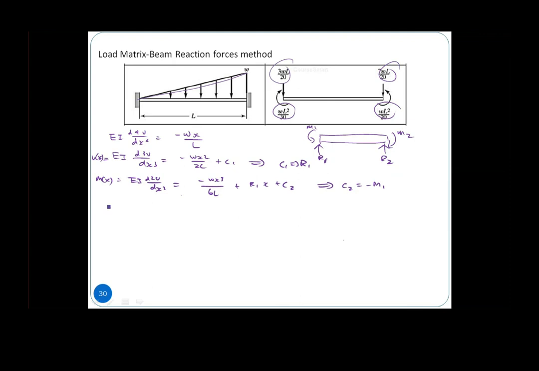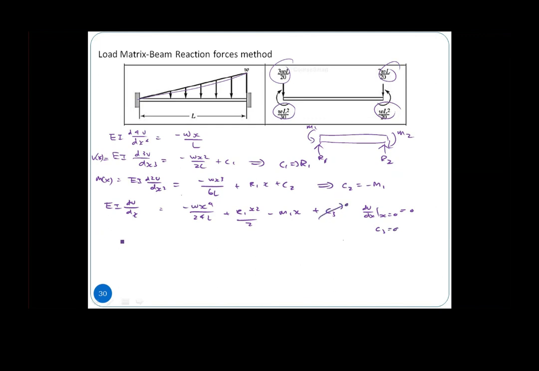Then we have our EI dv/dx equals negative Wx to the power 4 over 24L plus R1 x squared over 2 minus M1 x plus C3. Again, the slope dv/dx at x equal to 0 is 0, so our C3 is 0 in this case.